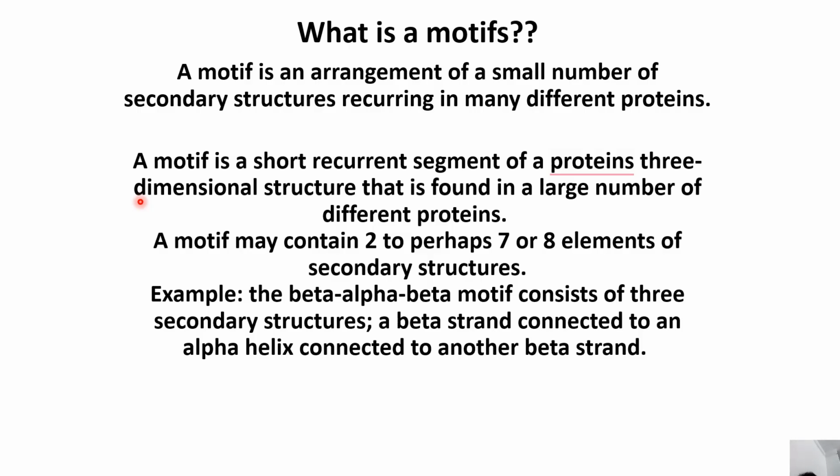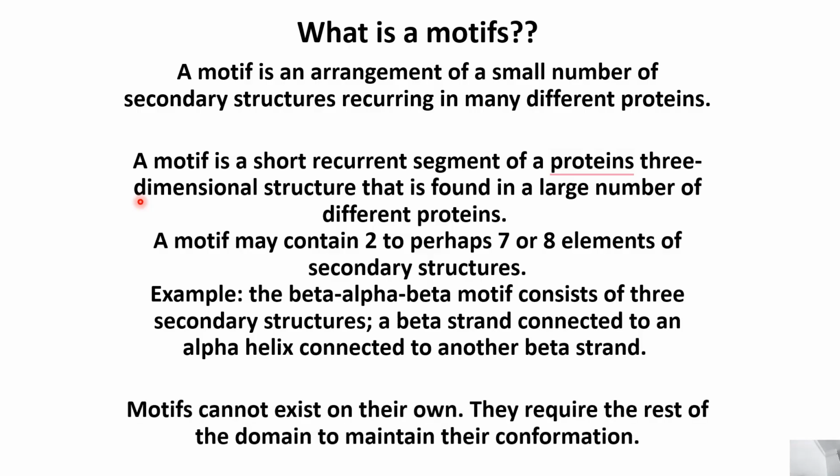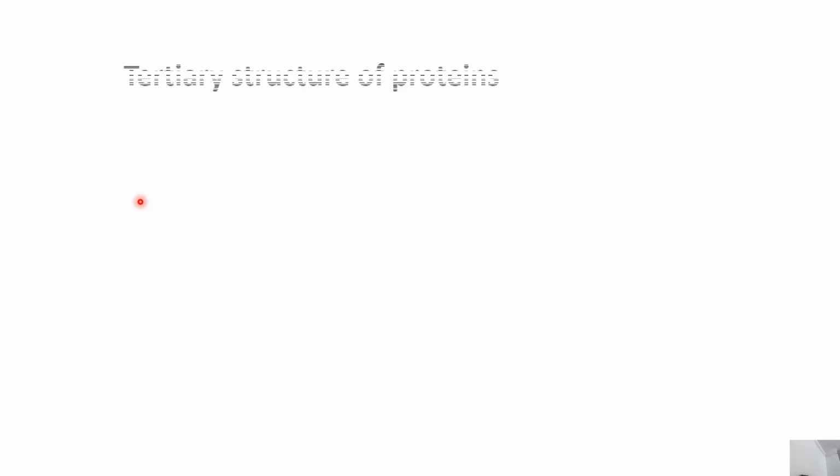The motif may contain 2 to perhaps 7 or 8 elements of secondary structure. For example, a beta alpha beta motif consists of 3 secondary structures: a beta strand connected to an alpha helix connected to another beta strand. Motifs cannot exist on their own; they require the rest of the domain to maintain their conformation.